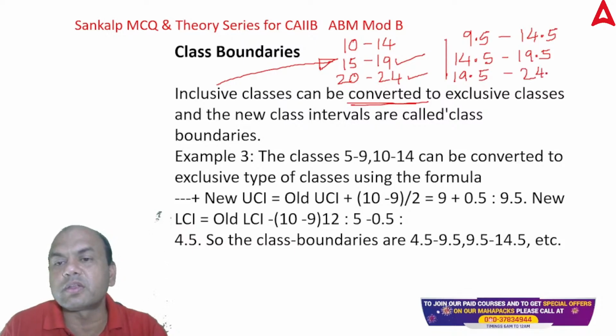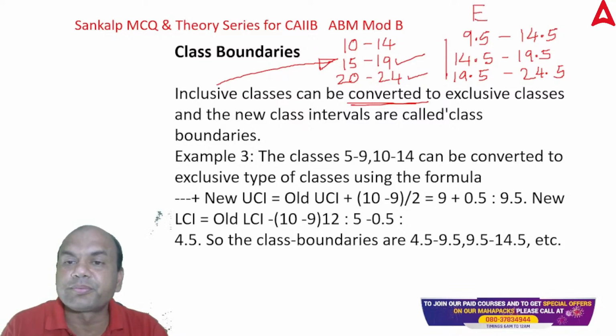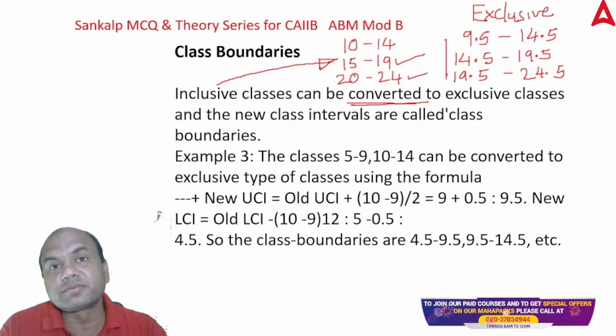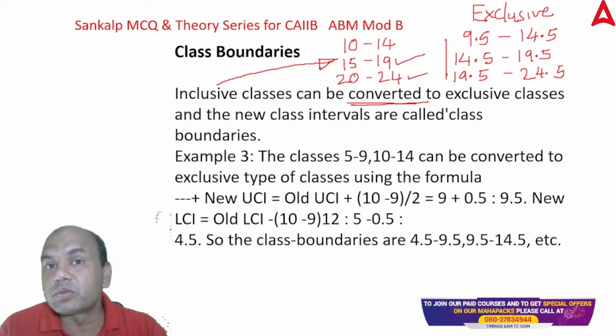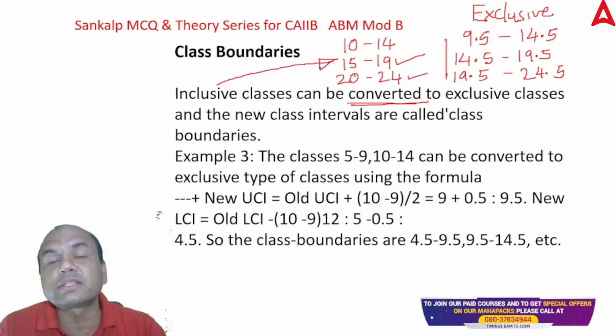I'll go on and on. So what does it mean? See, this is known as exclusive. This earlier one was inclusive. Now what do you mean by this? It means that this boundary over here won't be included. Now understand, it's not compulsory that both the boundaries are not included.